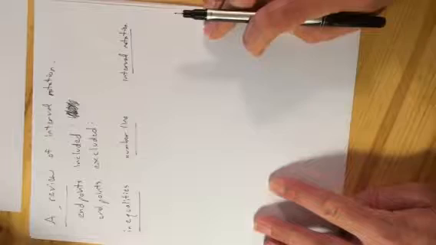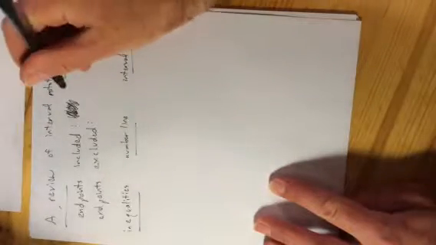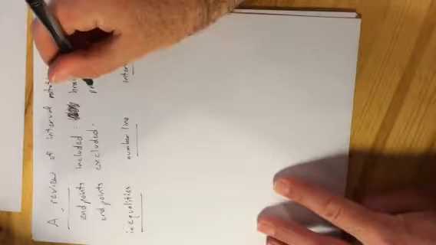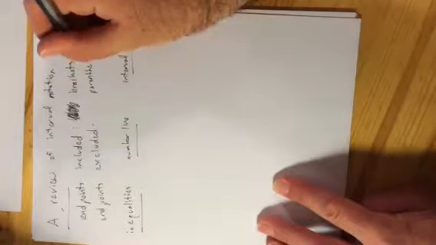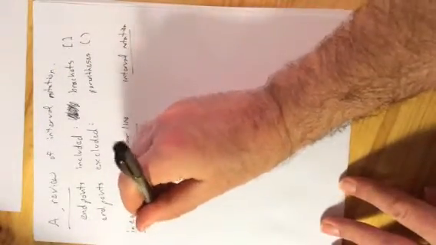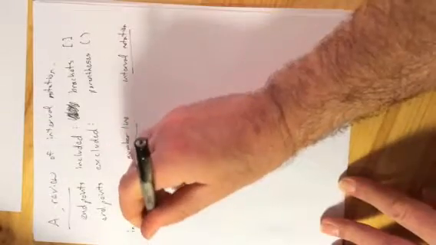Now, typically if you want your endpoints included, you want brackets on the end of your interval. So it's these square brackets here. And if you want your endpoints excluded, then you want parentheses, like so. For example, suppose we wanted to talk about the set of x that are less than or equal to 5 and greater than or equal to 3.